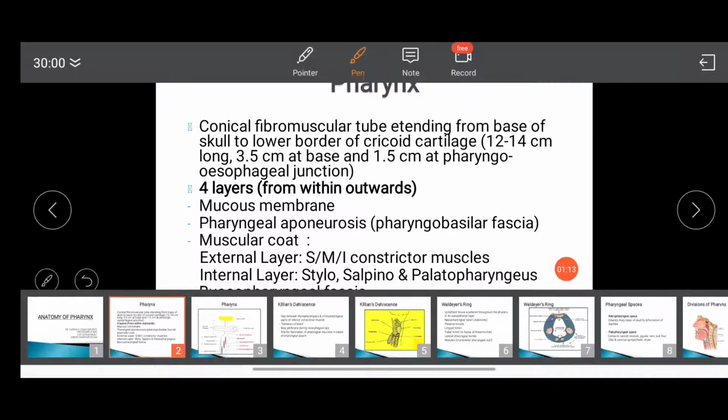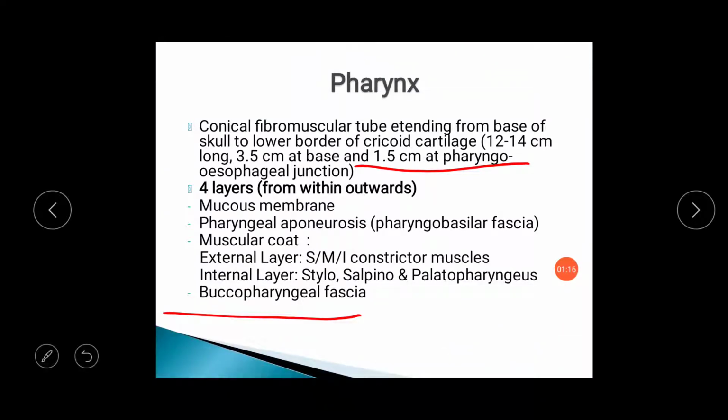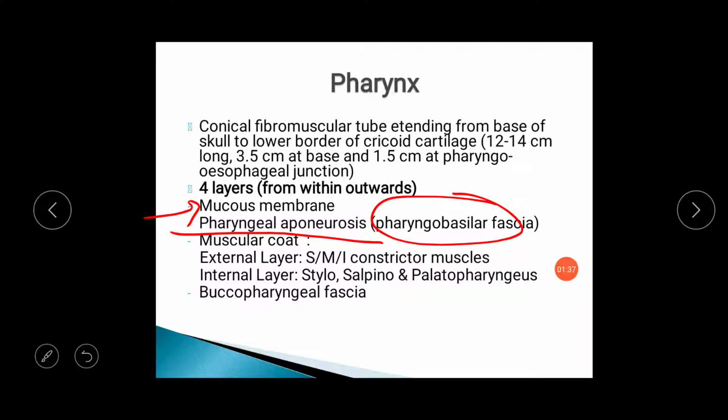The most inferior part, which is 1.5 centimeters, is at the pharyngoesophageal junction, and the widest part of 3.5 centimeters is at the base of the skull. It is made up of mainly 4 layers. The innermost layer is the mucous membrane, which we can see on opening the mouth as a reddish colored mucous membrane. This is followed by the pharyngeal aponeurosis, also known as pharyngobasilar fascia.